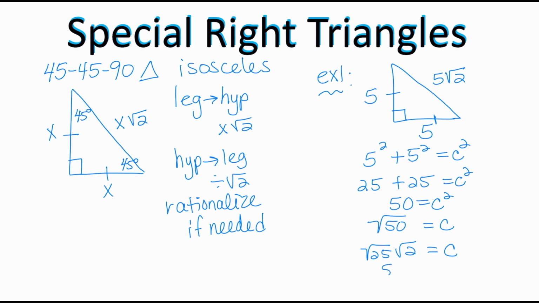The square root of 25 is 5, so my answer is 5 square root of 2, which is exactly what the shortcut says that we should get. So by knowing the 45-45-90 special right triangle, you can shorten the amount of time it takes you to reach the answer. Of course, this is something you can figure out by just using the Pythagorean theorem, but it makes life a lot faster and easier if you actually know the shortcuts.